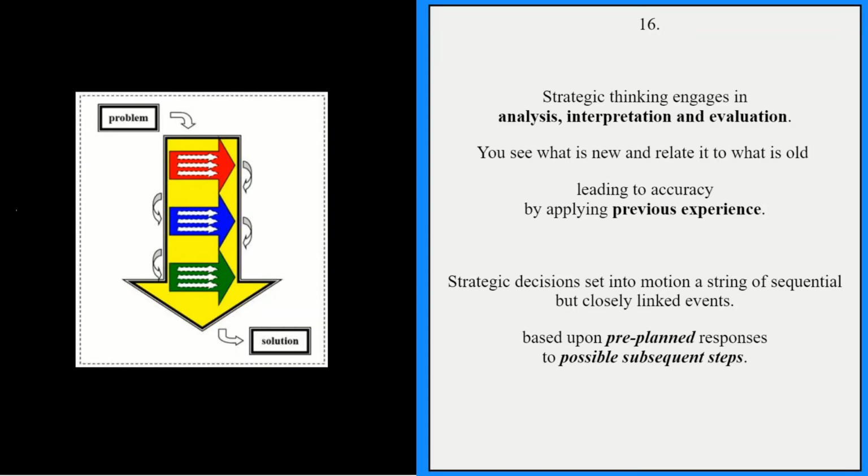Strategic decisions set into motion a string of sequential but closely linked events. These are based upon pre-planned responses to possible subsequent steps. Note the mention of pre-planned. Looking ahead.